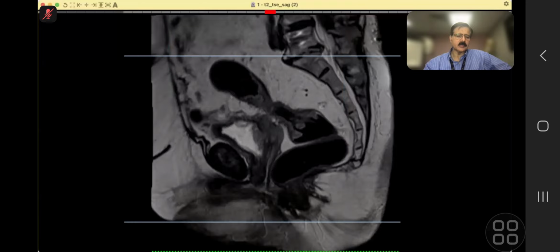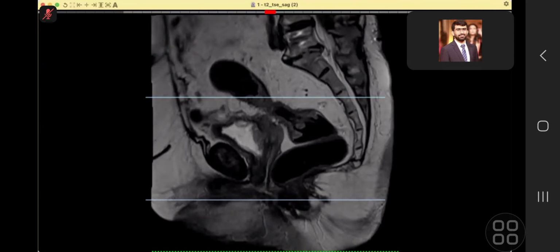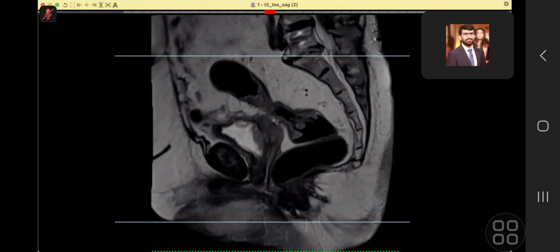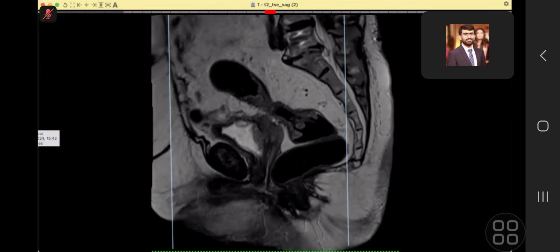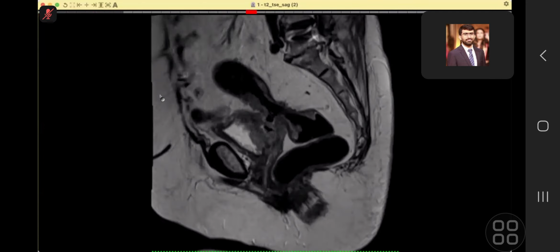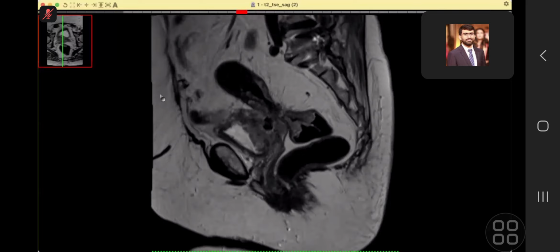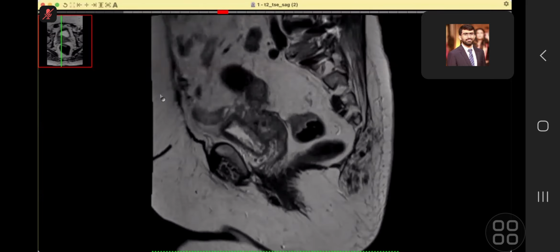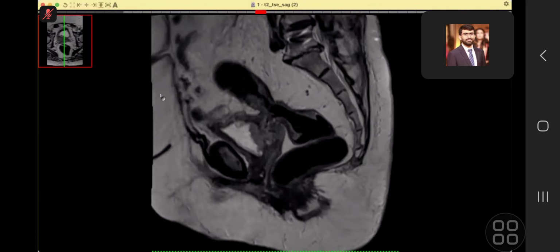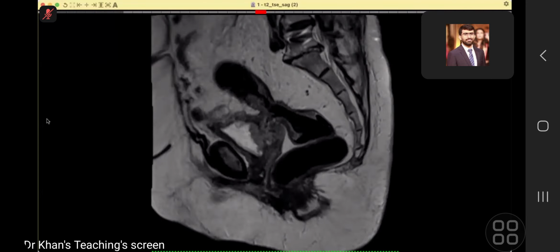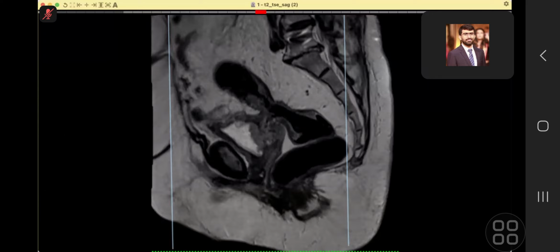And what is your differential? Sir, as there was a history of previous hysterectomy due to cervical carcinoma, my first differential is a recurrent cervical carcinoma. The other possibilities are a newly developed carcinoma of the posterior wall of the urinary bladder.